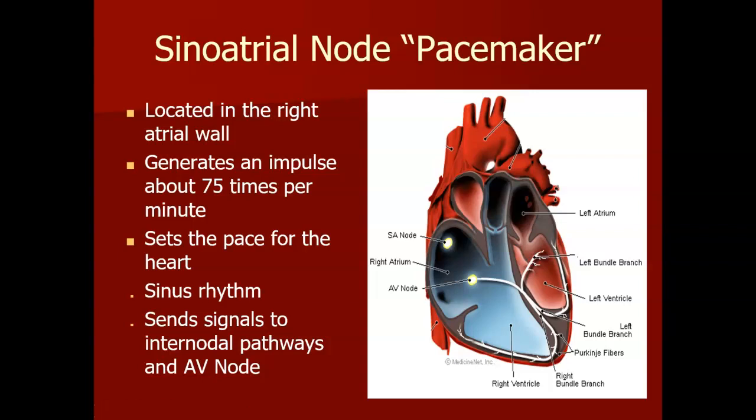We sometimes call this the sinus rhythm in terms of what it actually creates when we're looking at the different electrical activities. And its job is going to be to send the impulse through a pathway called the internodal pathways to the AV node, which is located right here, right above that tricuspid valve between the right atrium and the right ventricle.